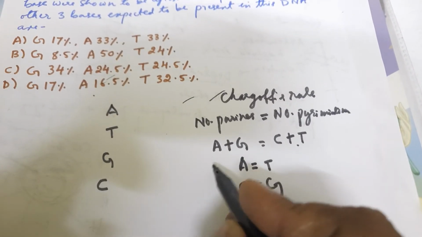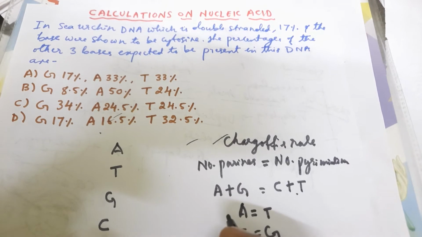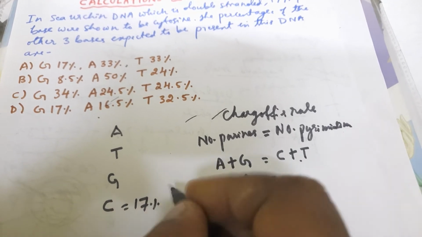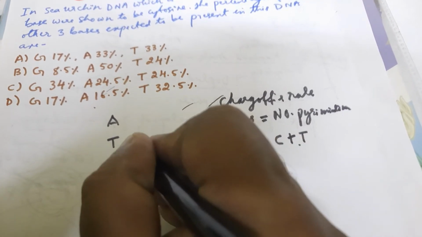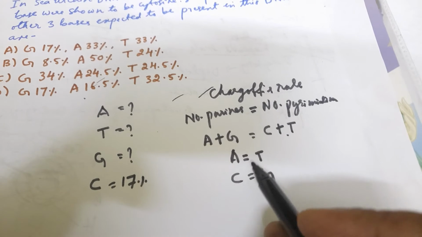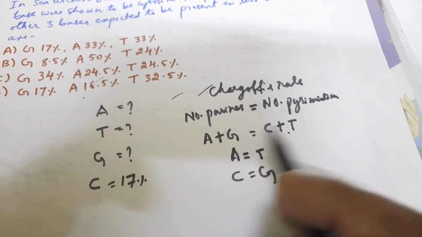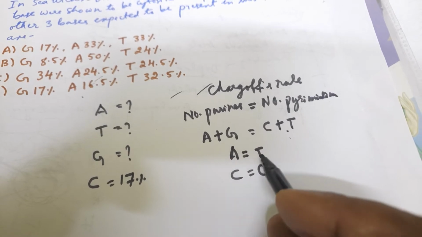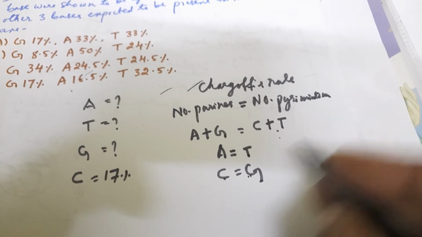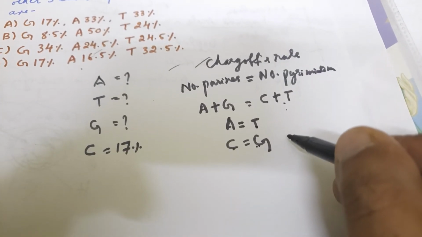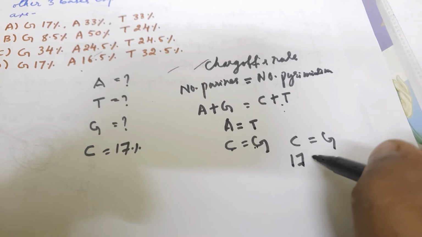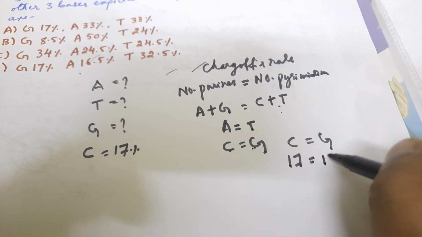They have already mentioned that 17% of the bases were cytosine, and you have to calculate the remaining nitrogen bases: how much is T and how much is A. According to Chargaff's rule, A is equal to T, and C is equal to G. So if C is 17, then G should always be 17.